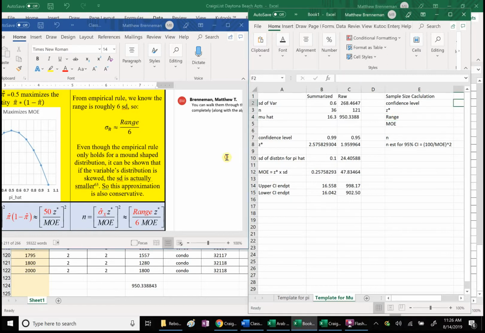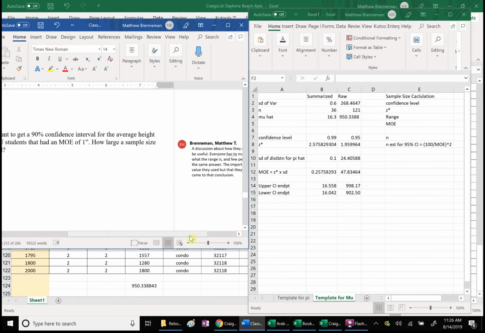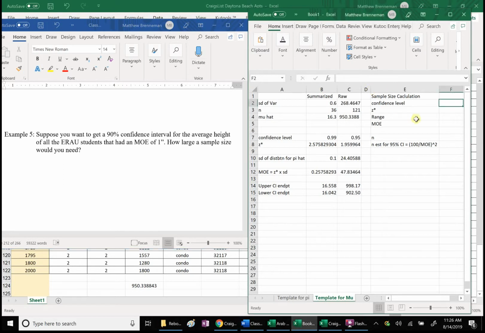In the problem that we're given, we're told that we want a 90% confidence interval for the average height of all Embry-Riddle students. So our margin of error is 1 inch. What is the range? Let's just use common sense.